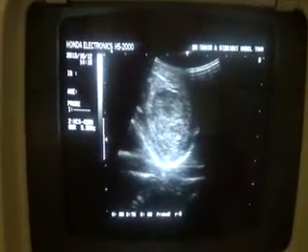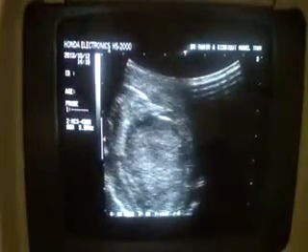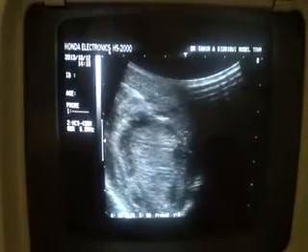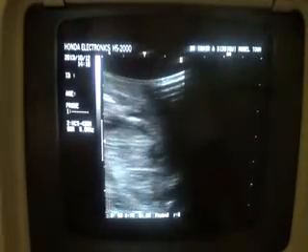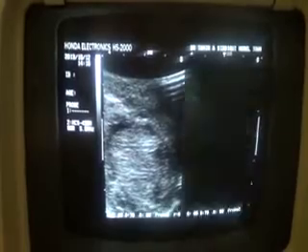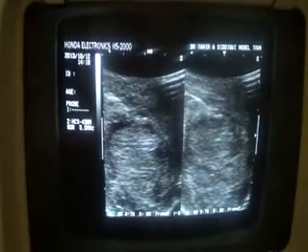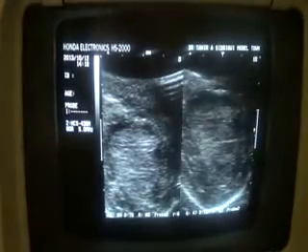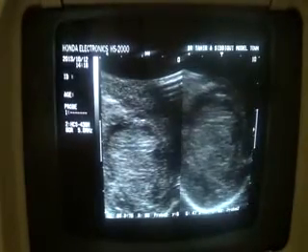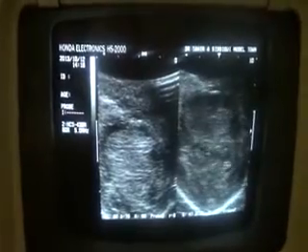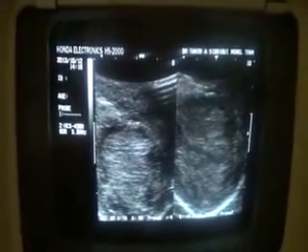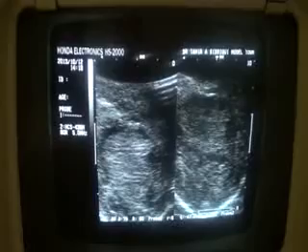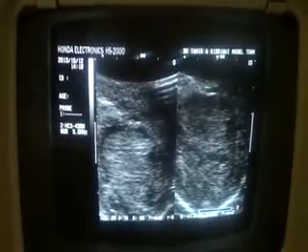Now this is the picture of the testes. See the echogenicity and multiple internal scattered focal lesions in transverse section.